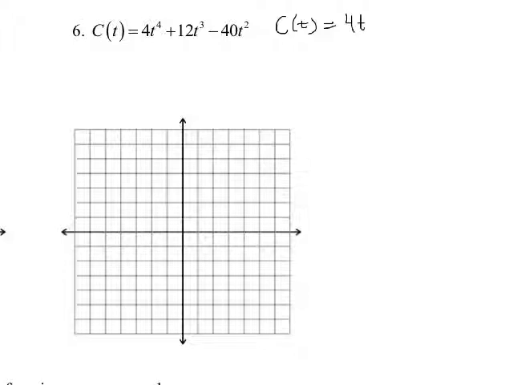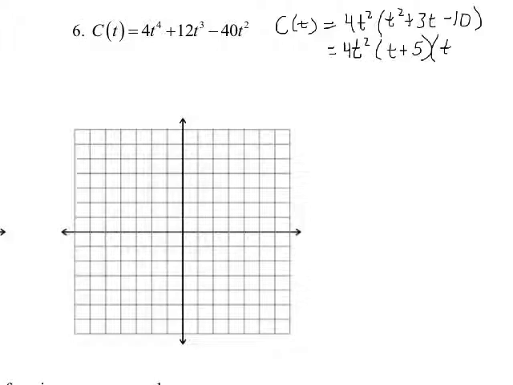So I'm going to pull out 4t squared, and I'm left with t squared plus 3t minus 10. And looking at that quadratic, I realized the quadratic can be factored to be 4t squared times t plus 5 times t minus 2.